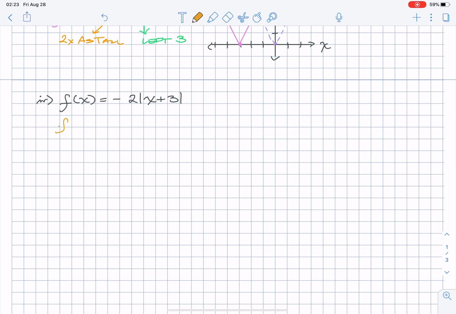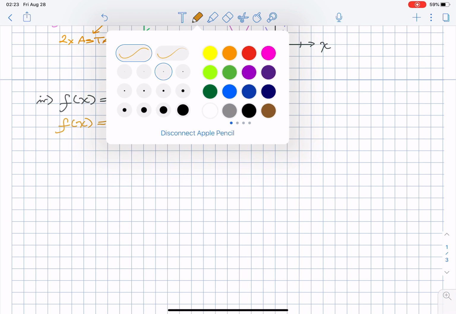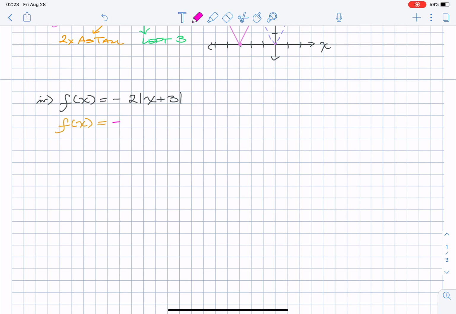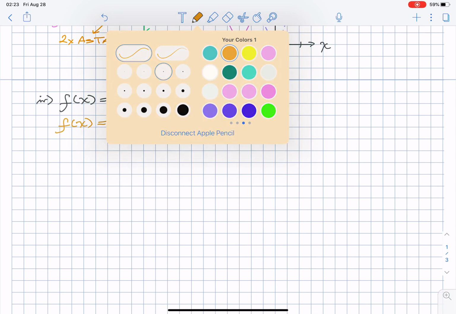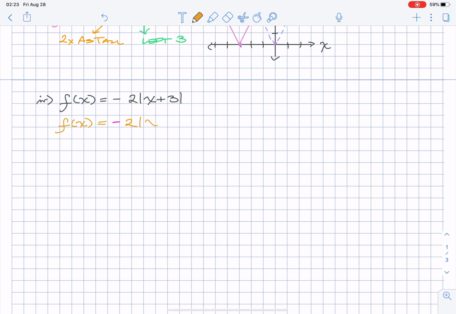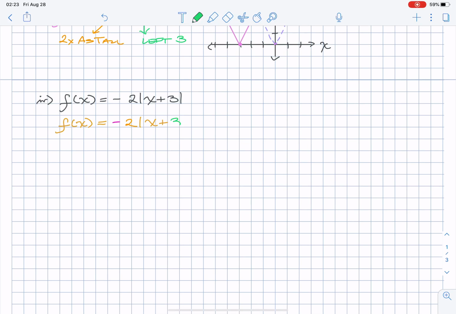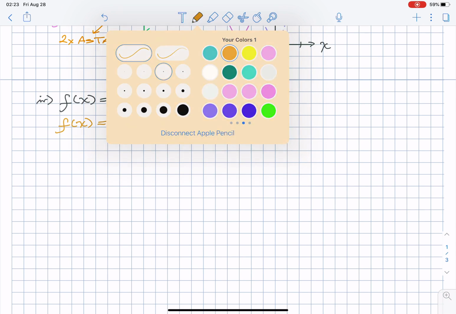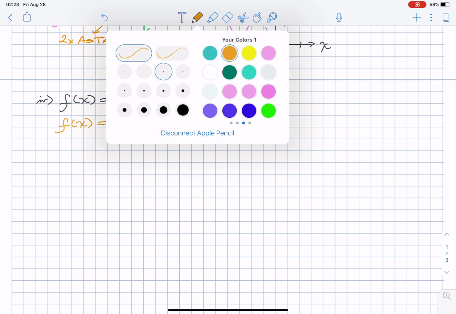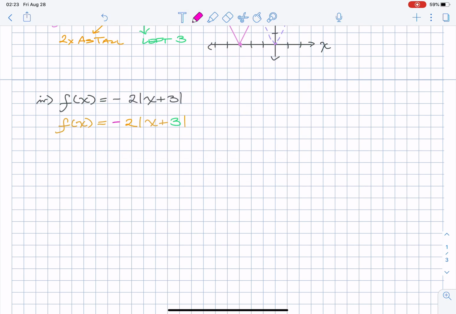So I have f of x will be equal to, now I've got a negative in front, negative 2 times the quantity absolute value of x plus 3. Okay, so now the negative is an x-axis reflection.